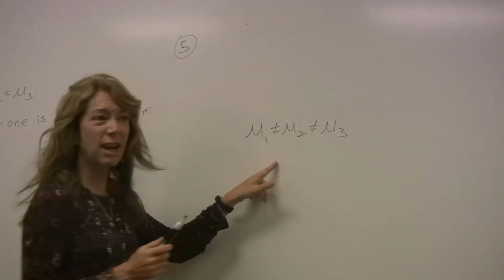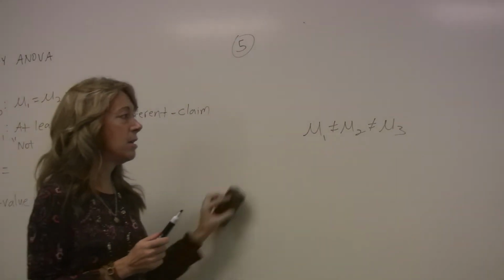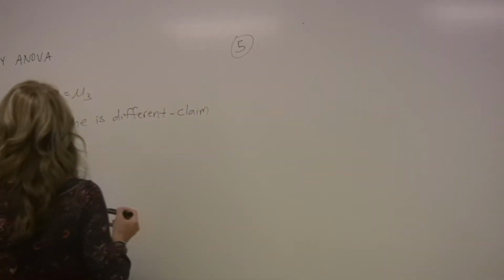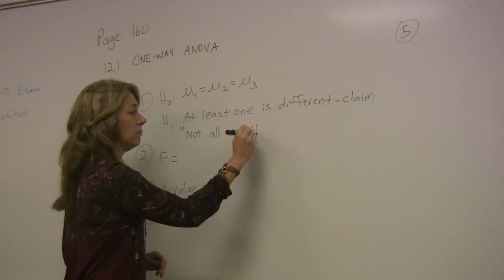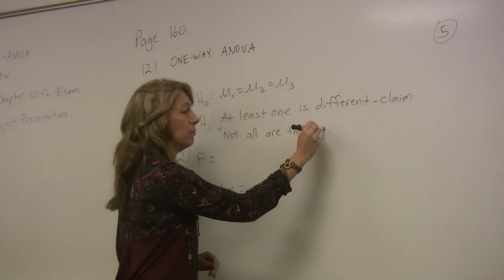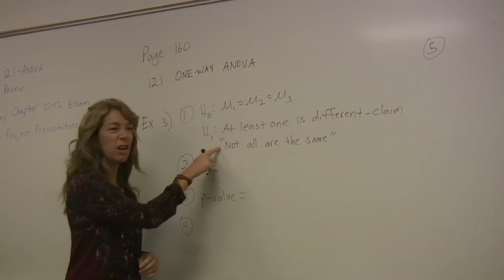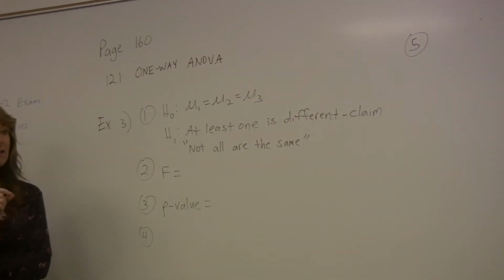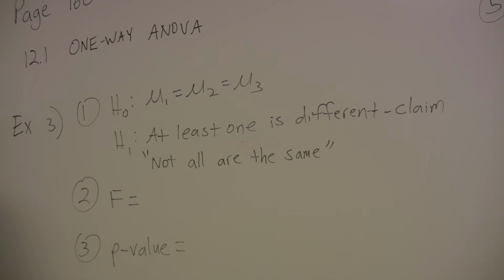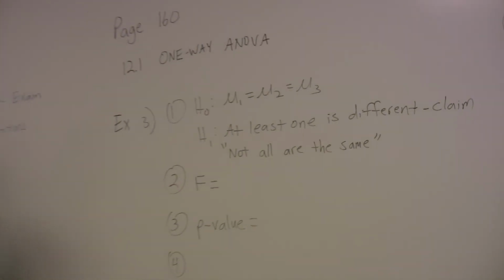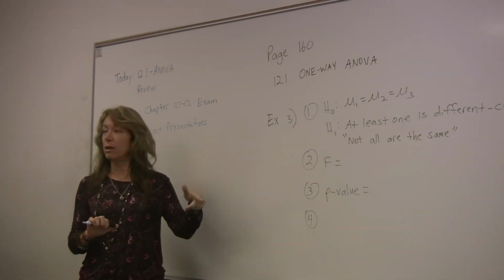So we don't actually ever write this for our H1. We can write at least one is different, or you could say not all are the same. But you can't write that they're all different from each other because that's a little bit too extreme. It might be that two of them are the same and only one of them is different.